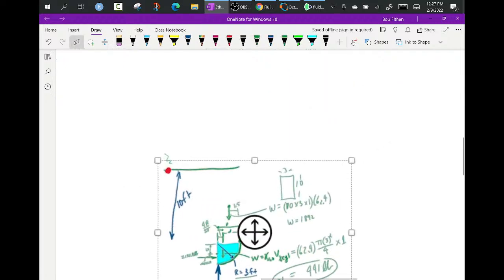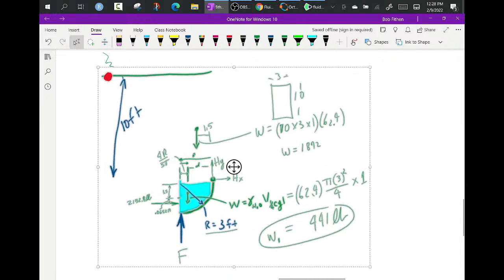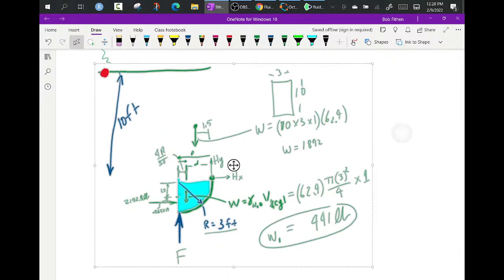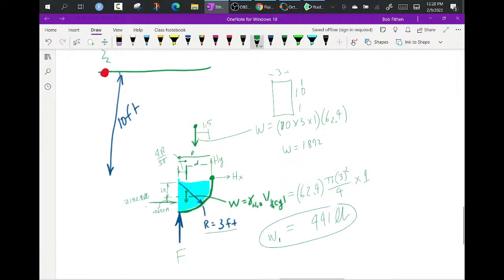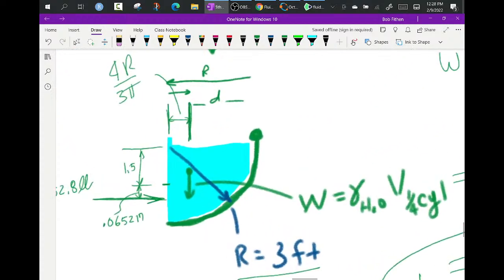This time, I'm going to ask a simple question. It relates not to this force and not these forces, but let's assume for a moment that this thing is being supported.